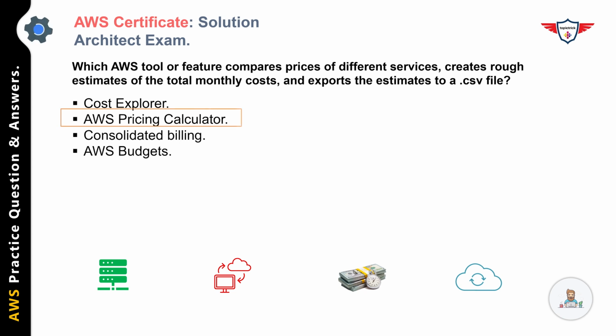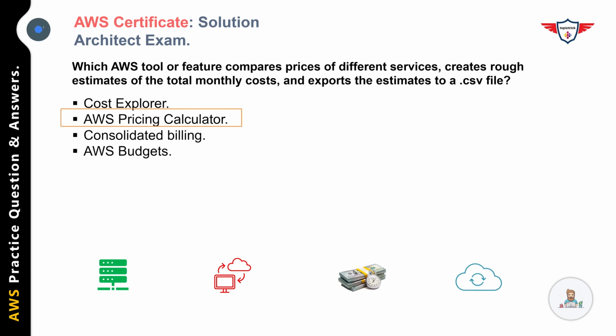The correct answer is AWS Pricing Calculator. Users can explore AWS services and create an estimate for the cost of their use case. Users can model their solution before building it, explore the price point and calculations behind the estimates, and find the available instance types and contract terms that meet their needs.